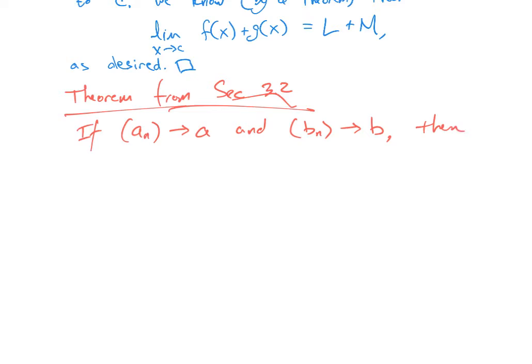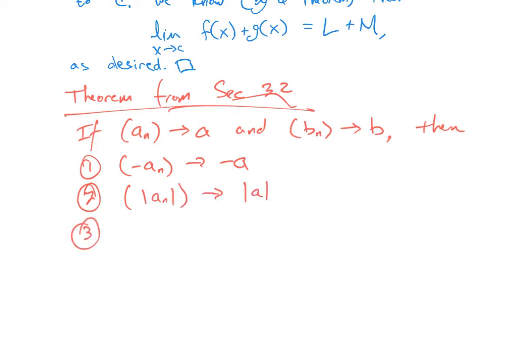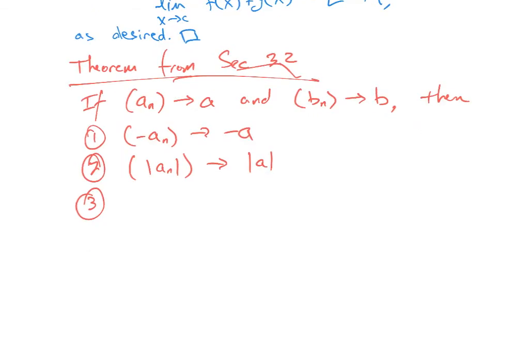Then what were our things? 1, minus an converges to minus a. 2, the absolute value of an converges to the absolute value of a. 3, an plus bn converges to a plus b. 4, the product.